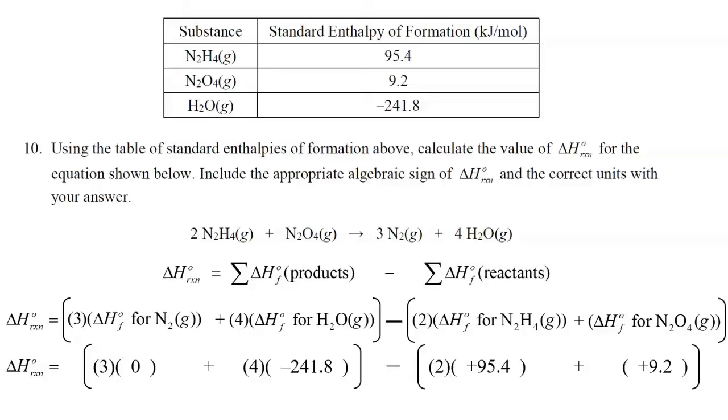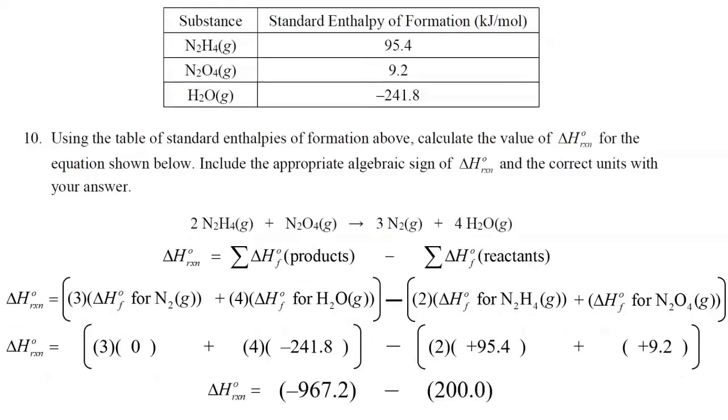So now we're going to do the following math. Products minus reactants works out to be the following. We have negative 967.2 for the products, and we have 200 for the reactants. If we've done this math correctly, now we're going to do products minus reactants.